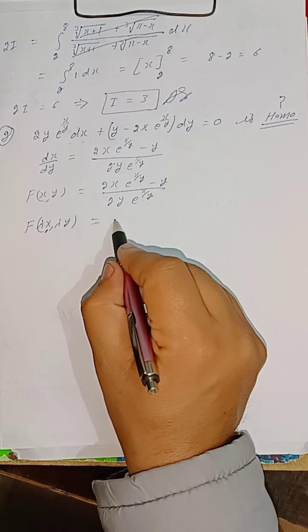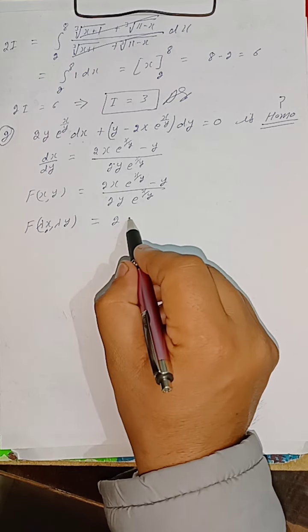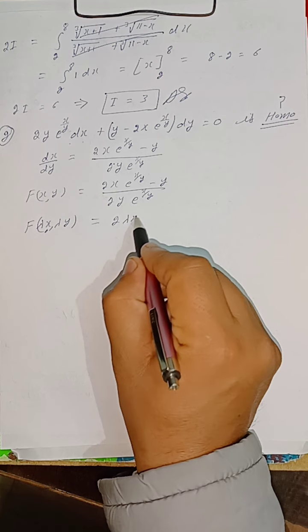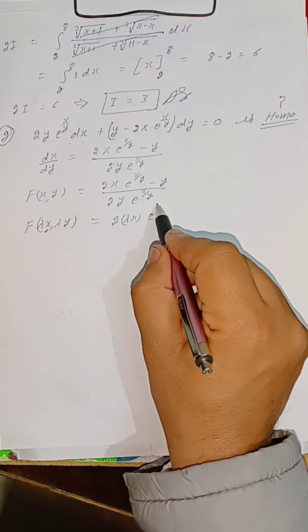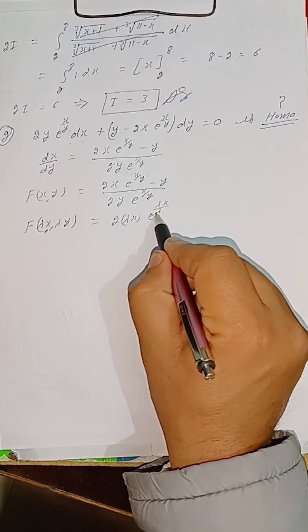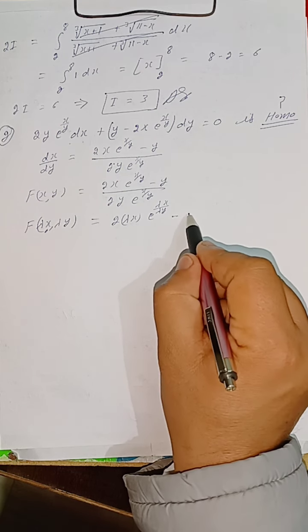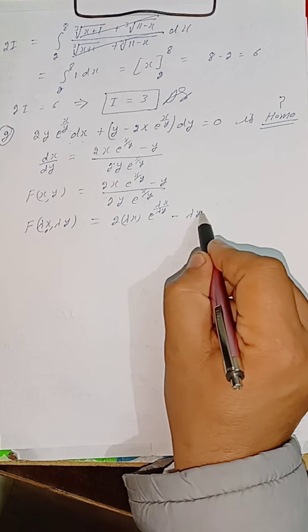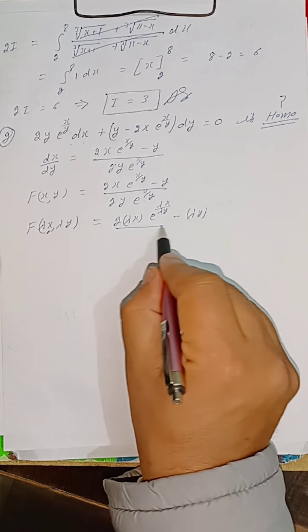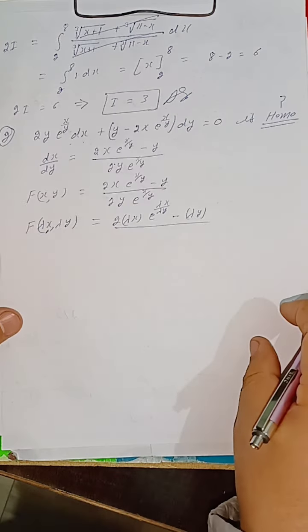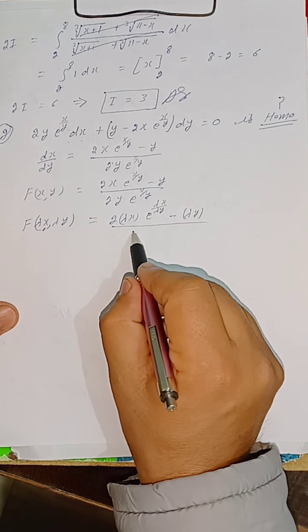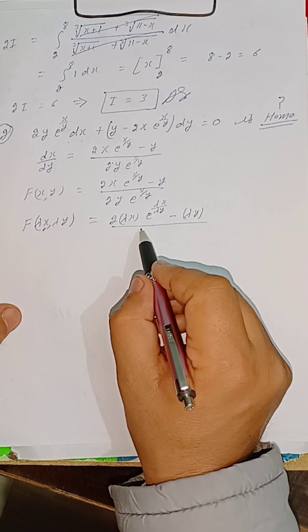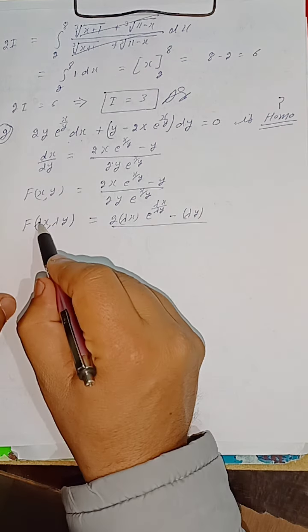So we can write lambda x e raised to power lambda x upon lambda y minus lambda y, over 2 lambda y e raised to power lambda x upon lambda y. We replace x by lambda x and y by lambda y in order to check the homogeneity.